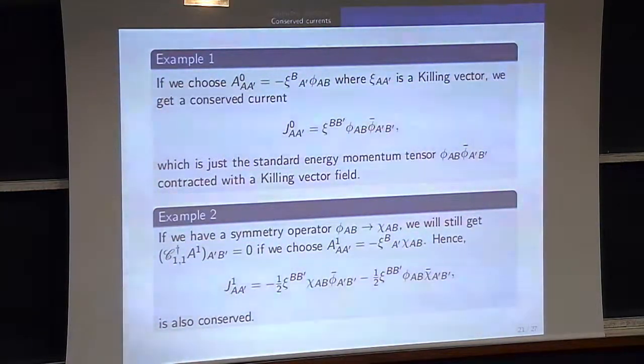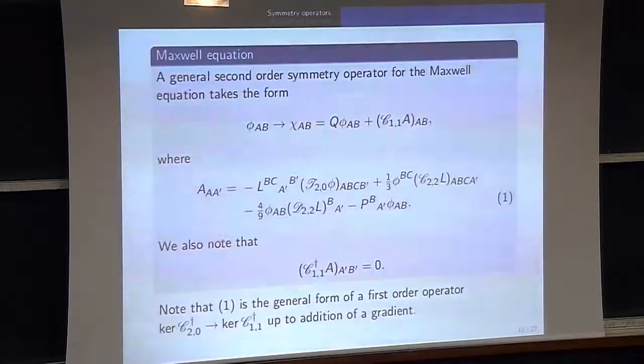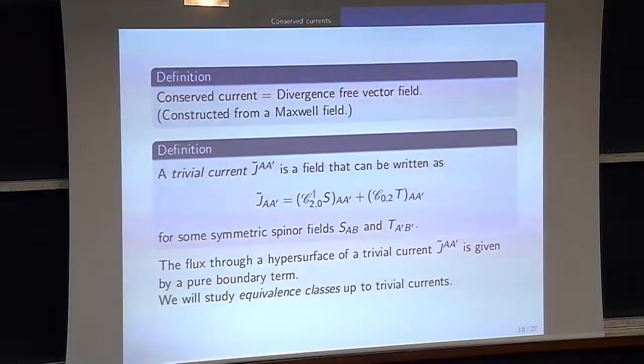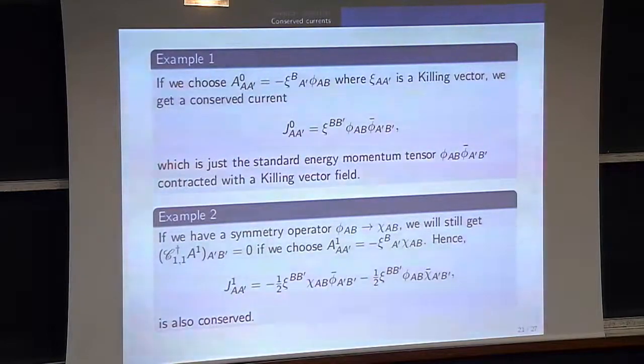Now we can look at very simple examples. I should again show this general form. The simplest case we can think of is, of course, if we just let L be 0 and let P be a conformal Killing vector, or even a Killing vector, why not? Then we just get A to be a contraction between the Killing vector and the field.